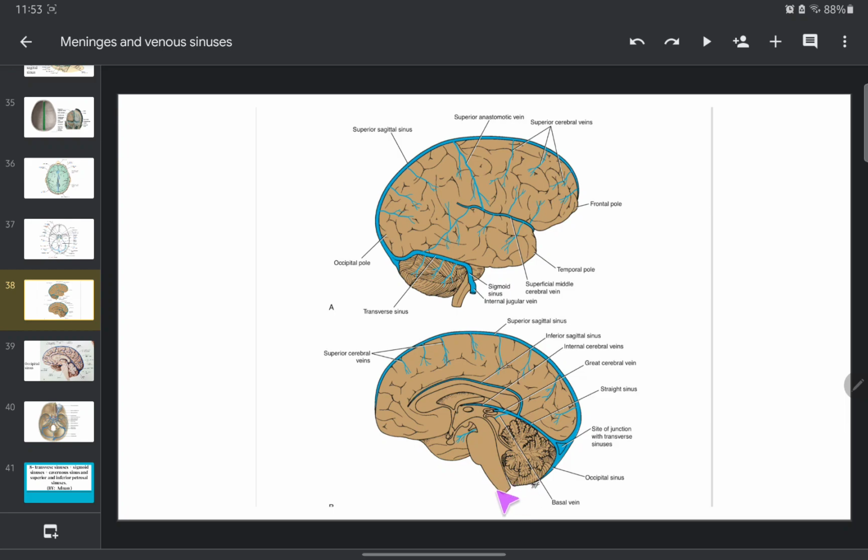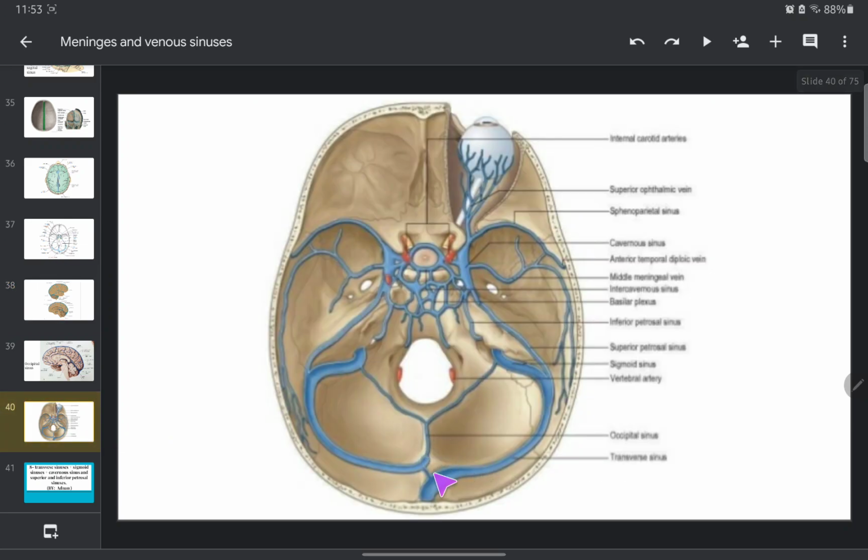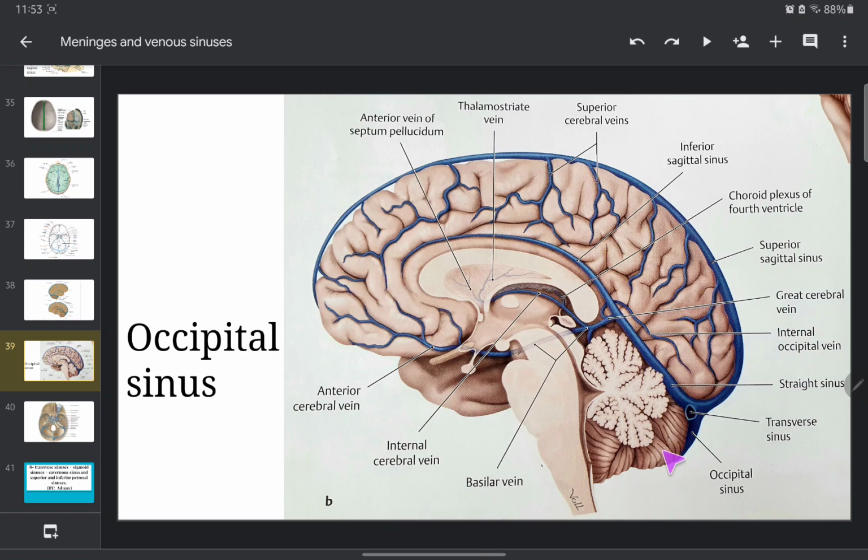Here we have the foramen magnum and the start of the spinal cord, and surrounding it we have these paravertebral sinuses, which are drained by this occipital sinus, and it terminates in the confluence of sinuses. It has very little drainage, draining some parts of the lower cerebellum.